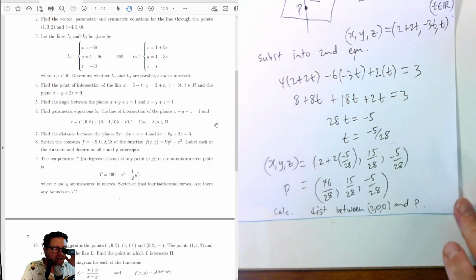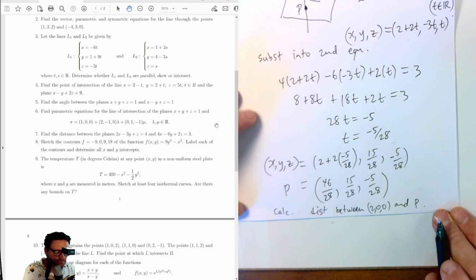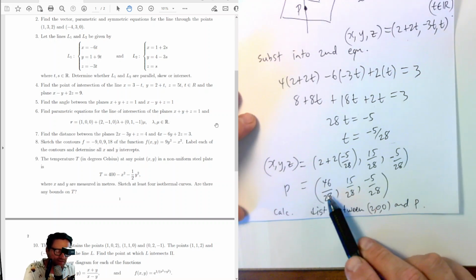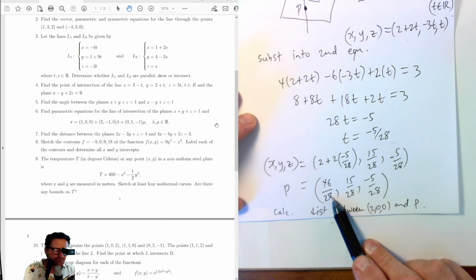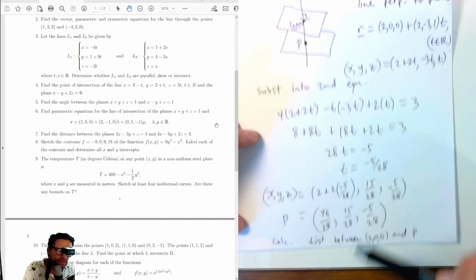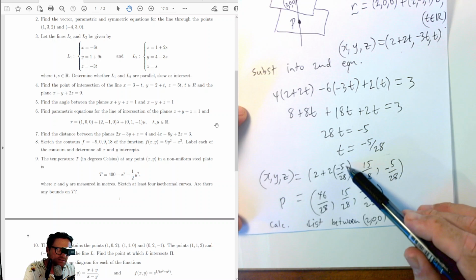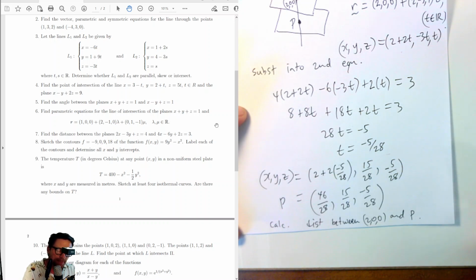Right, and remember how to calculate that. That is the square root of the sum of the squares of the differences. So if I take this and subtract 2, as in the x coordinate of the first point, well, then I would get back minus 10 over 28, right? And so then I square that.